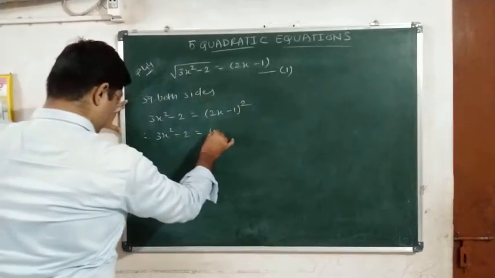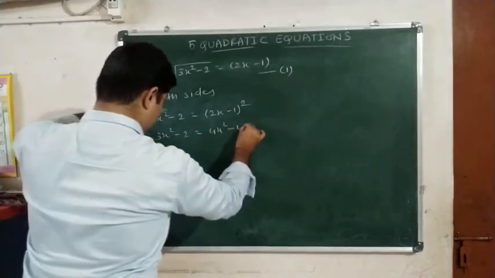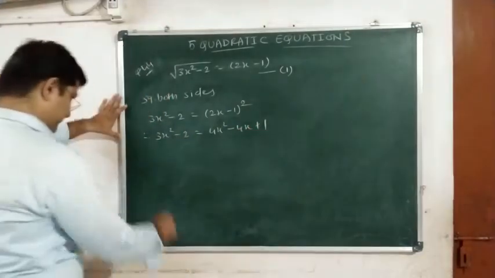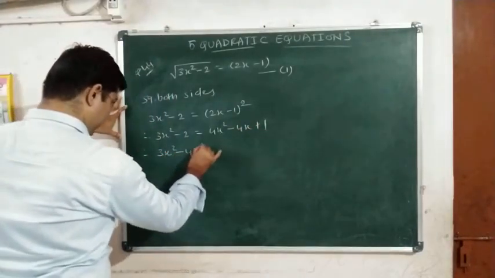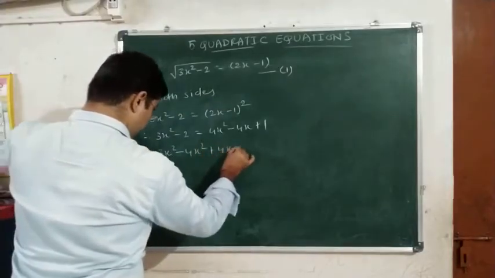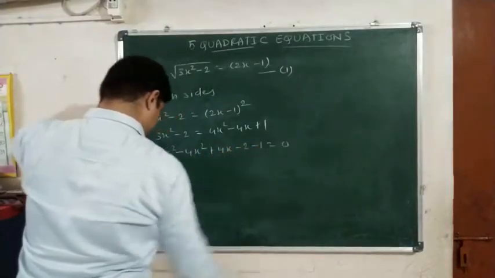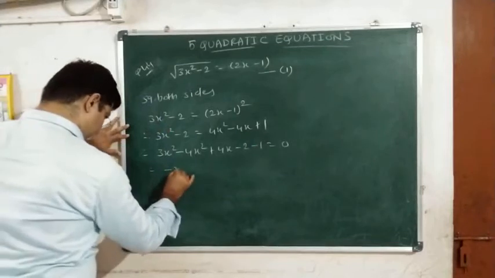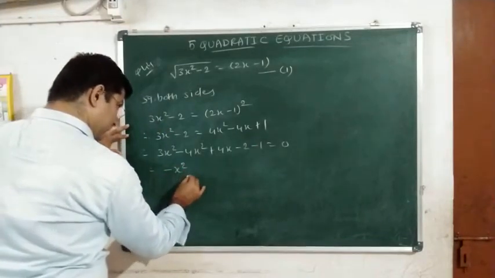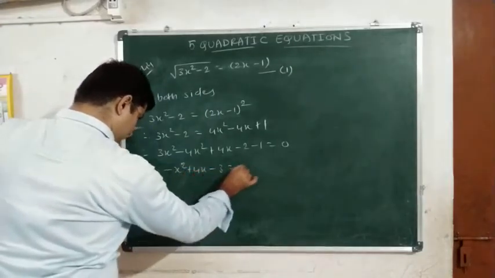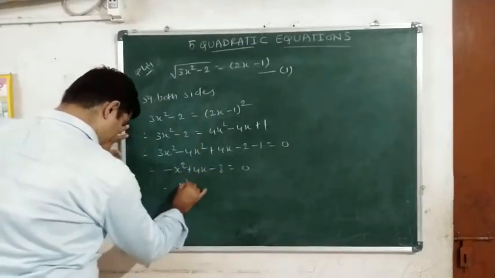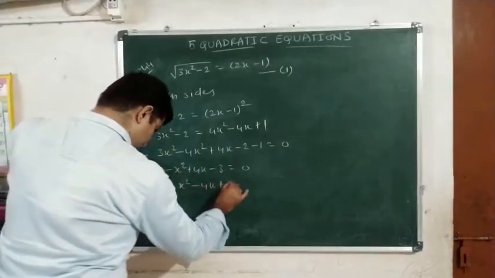Therefore 3x square minus 2 is equal to 4x square minus 4x plus 1. Therefore 3x square minus 4x square plus 4x, therefore minus x square plus 4x minus 3, and therefore x square minus 4x plus 3 is equal to 0.